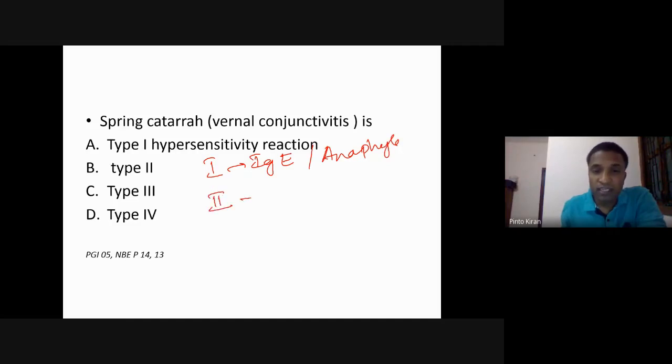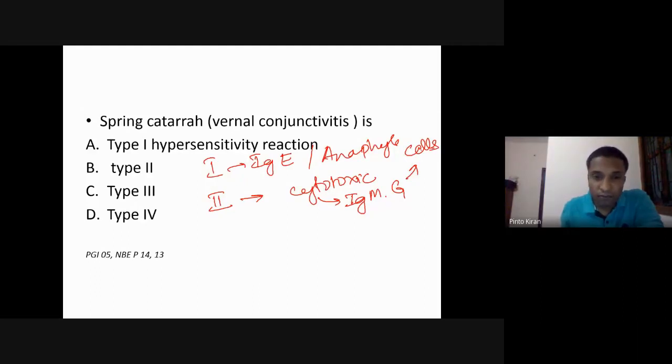Type 2 is cytotoxic, where the antibodies, mediated by IgM and IgG, will destroy the cells.